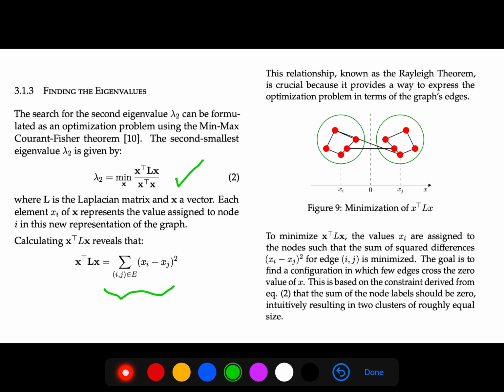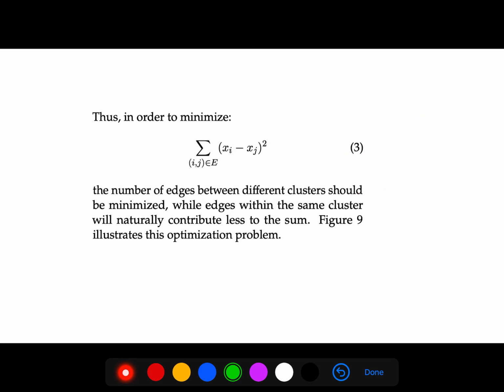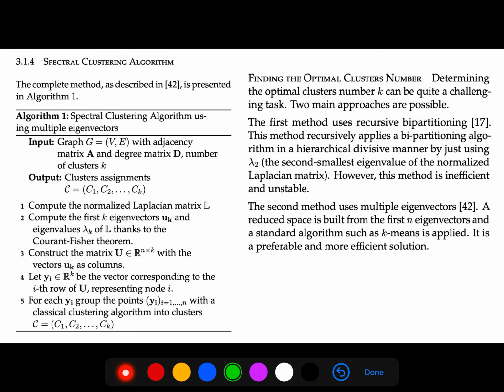This relationship, also known as the Rayleigh theorem, is crucial because it provides a way to express the optimization problem in terms of the graph's edges. To minimize x transpose Lx, the values are assigned to the nodes such that the sum of squared differences is minimized. So in order to minimize this, the number of edges between different clusters should be minimized.